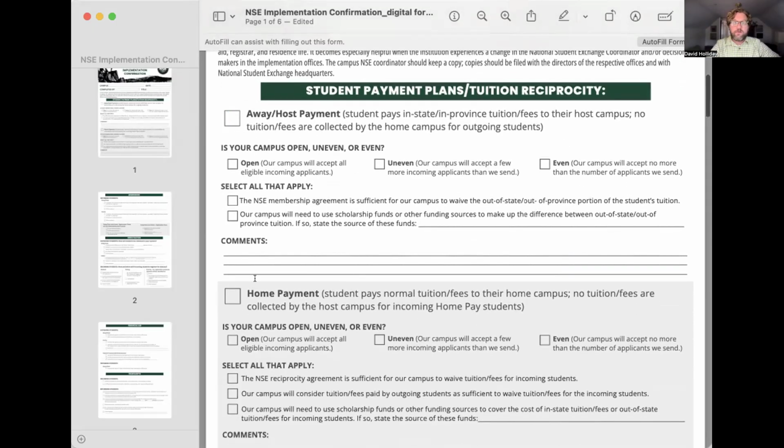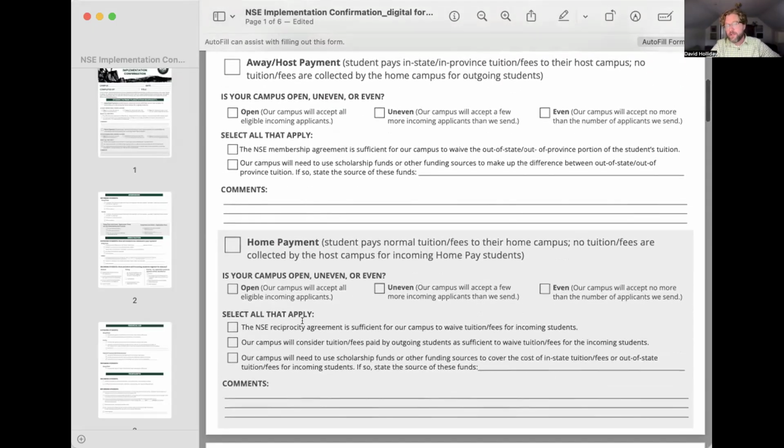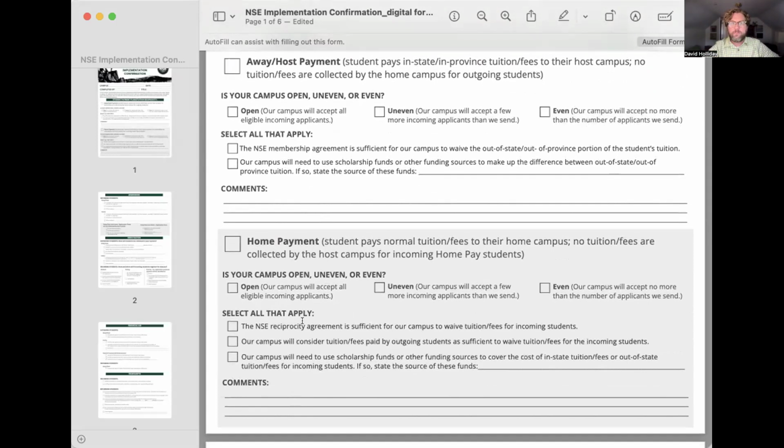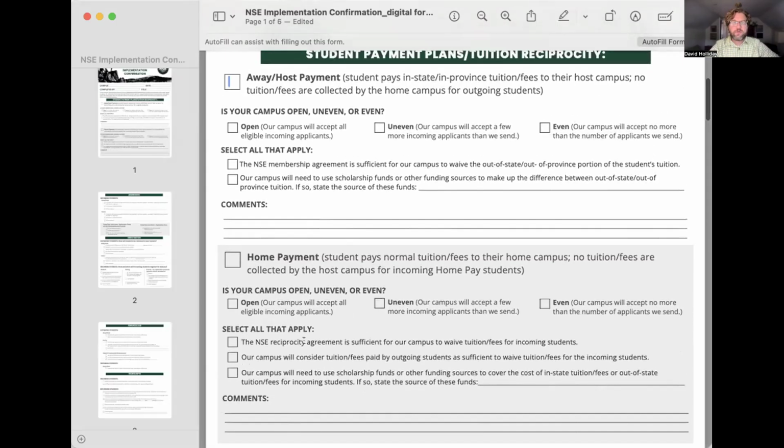Now, again, we do offer home payments. I think almost all of our campuses do offer home payment, incoming and outgoing. And that means students continue to pay their normal tuition and fees to their home campus. No tuition is paid to the host campus. And so there are some things to note here. What is your policy regarding home payment?